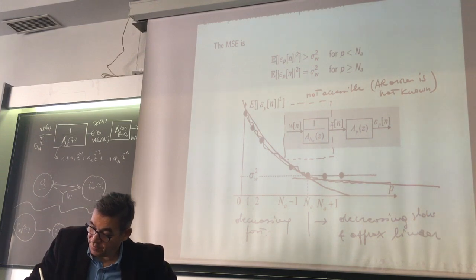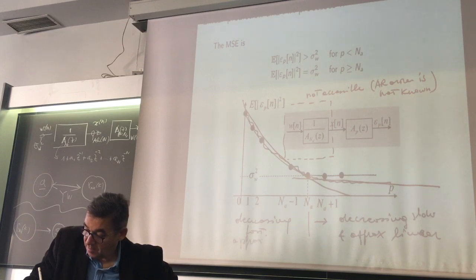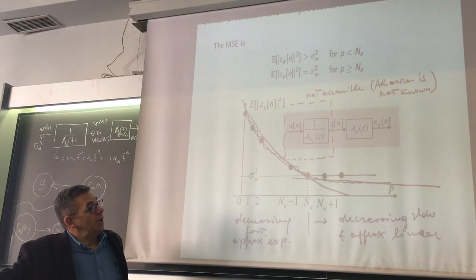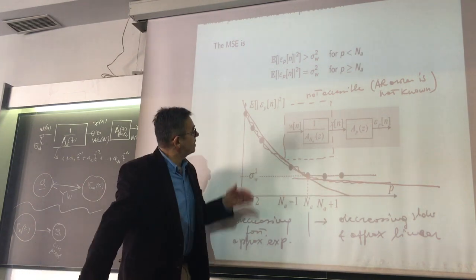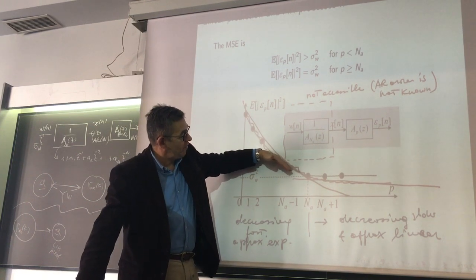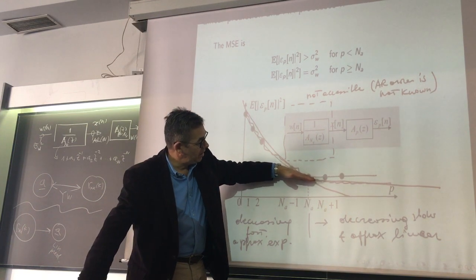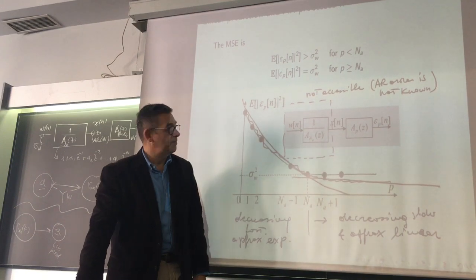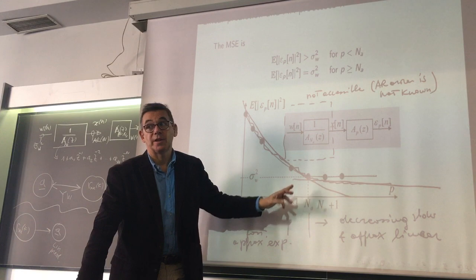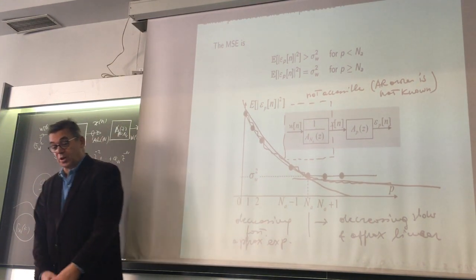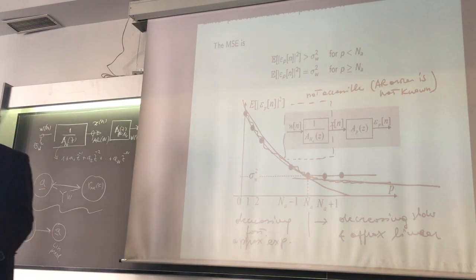Okay? So your practical setting is that you have the error which is decreasing fast, and then after a certain point is decreasing very slowly. Then this crossing point is approximately defining the order of your autoregressive process.